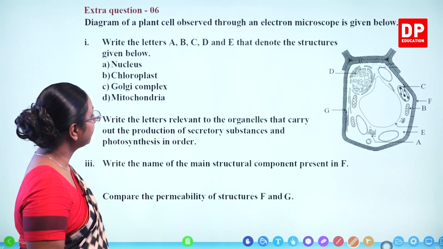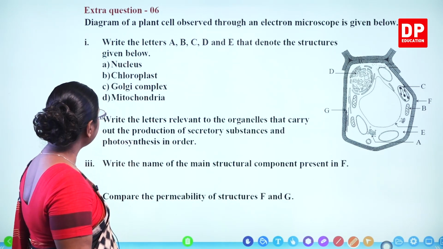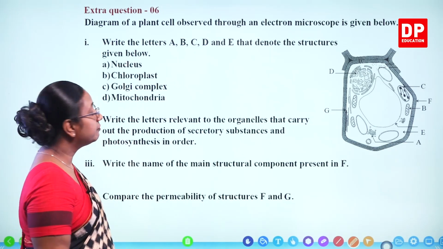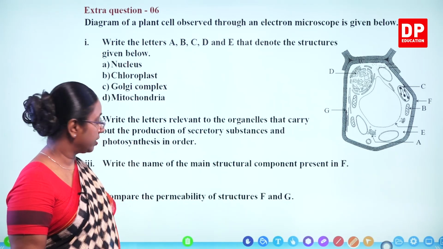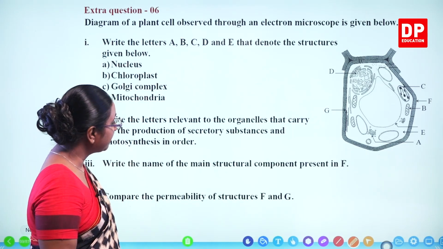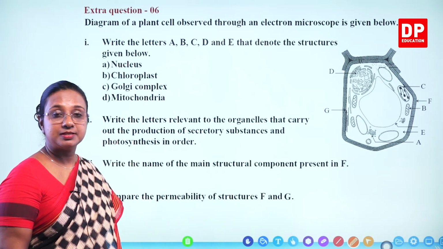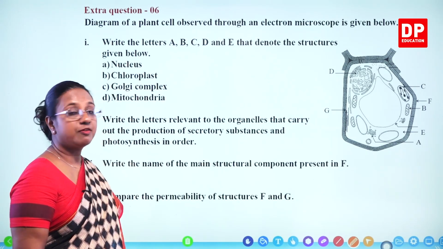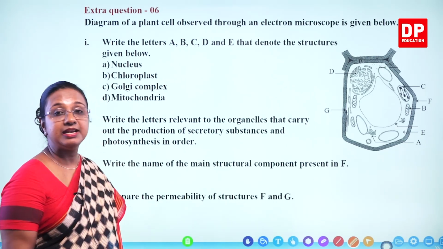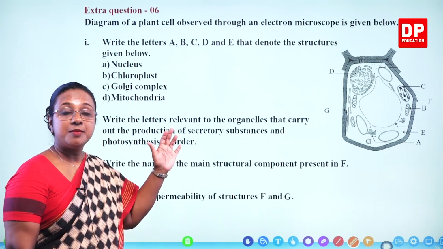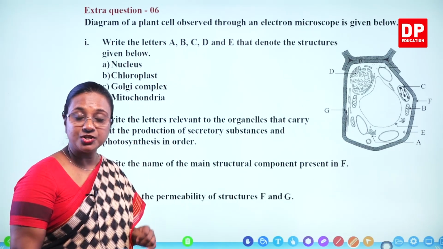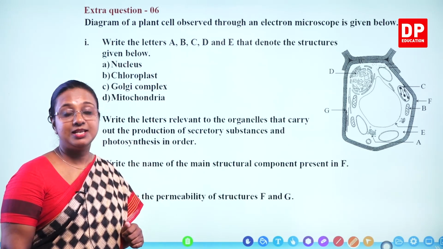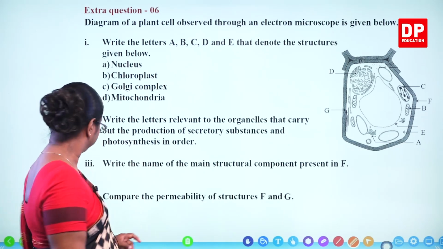Write the letters relevant to the organelles that carry out the production of secretory substances and photosynthesis in order. Write the name of the main structural component present in F. Compare the permeability of structures F and G. I am sure you will be able to answer all these questions. Once you are done, we will discuss the answers.